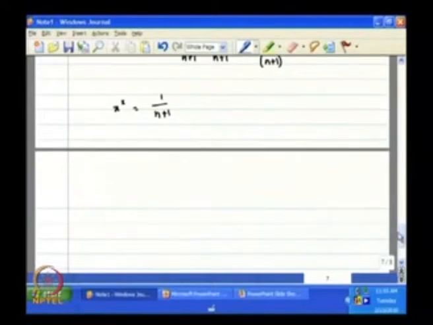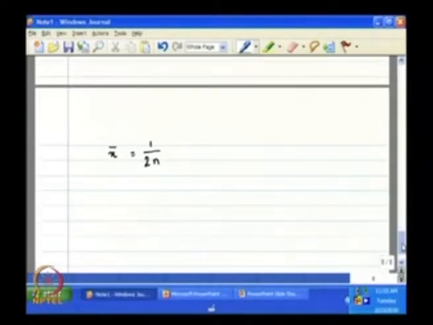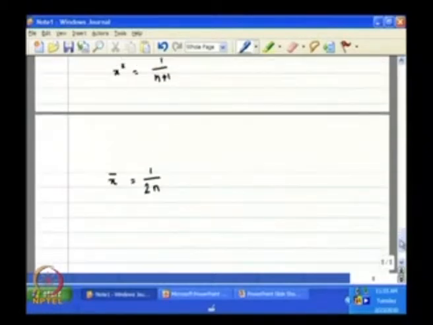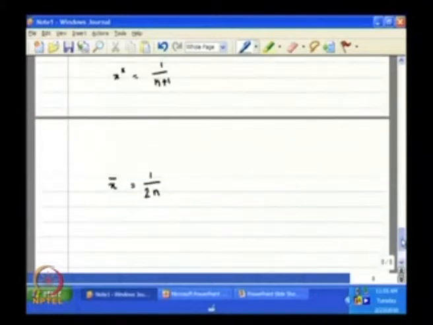Now, suppose x, let us call it x bar, is equal to not 1 divided by n plus 1, but 1 divided by 2n. Now, is this greater than x star or less than x star? I claim that x bar is less than x star. Why?